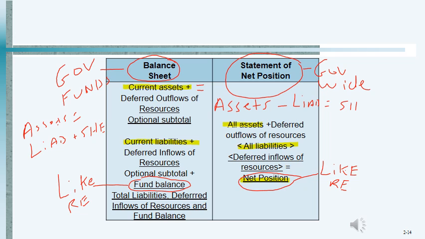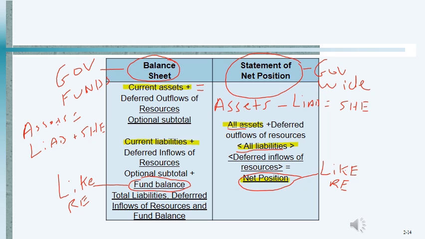Okay, you see how they've shown that more as a difference, right? They're taking their assets, they're subtracting the liabilities here, and that difference is our net position, which is like a retained earnings.